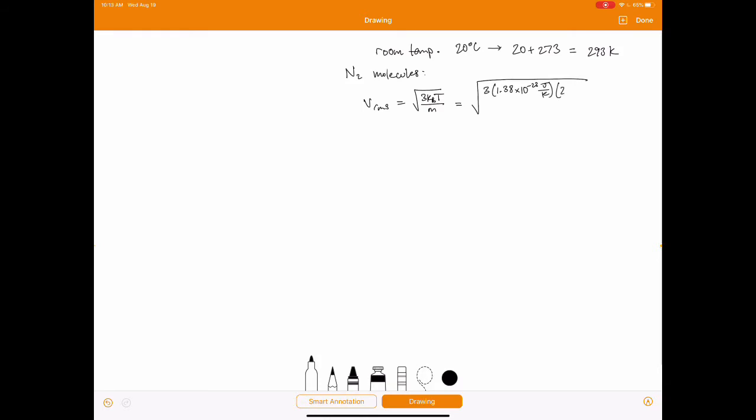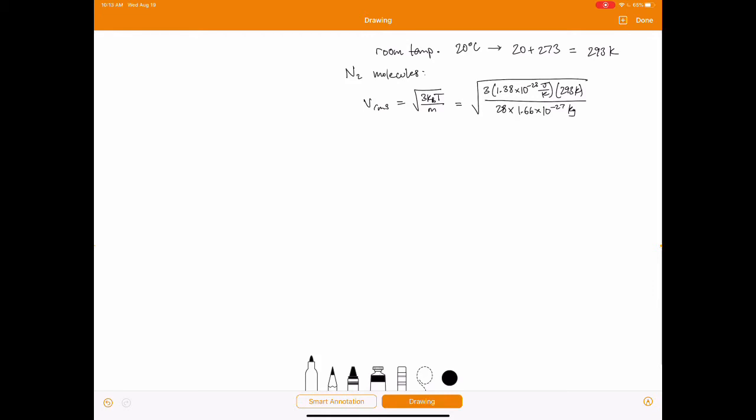And the temperature we just said is 293 Kelvin. And then we divide that by the mass. So N2 molecules have a mass of 28 atomic mass units, AMU, but each atomic mass unit is 1.66 times 10 to the minus 27 kilograms. So for this calculation, we want everything in SI units.